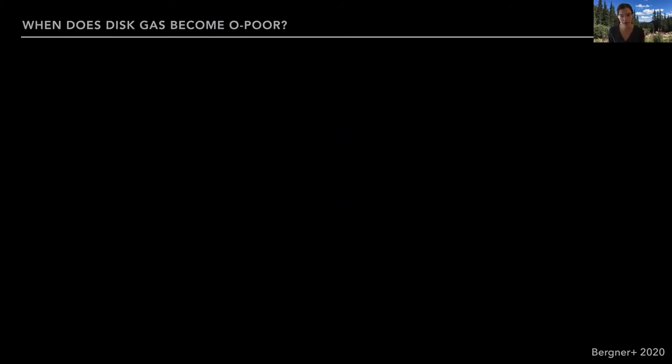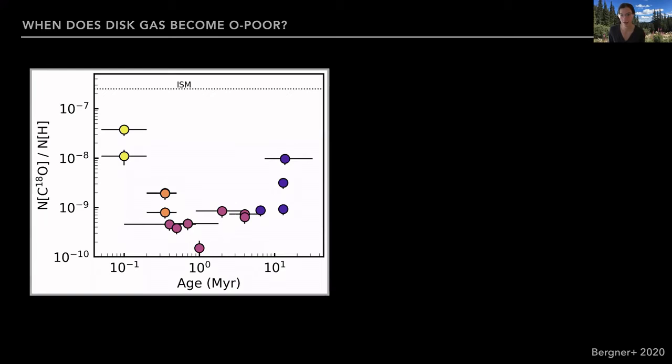So coming back to this question, we're going to use C18O as a proxy for the oxygen content of the gas. And so here I'm showing the C18O abundance for the embedded disks in our sample, shown in yellow and orange, and then compared to the more mature disks shown in pink and purple. And we then want to understand when does the CO become underabundant relative to the interstellar values. This is a bit of a difficult comparison to make because even C18O can be optically thick in some disks, but we can use some more conservative benchmarks accounting for this optical depth effect.